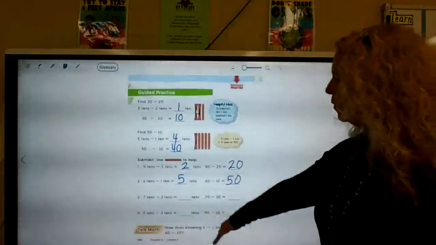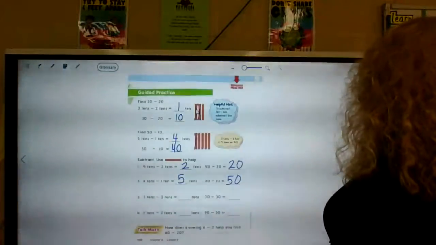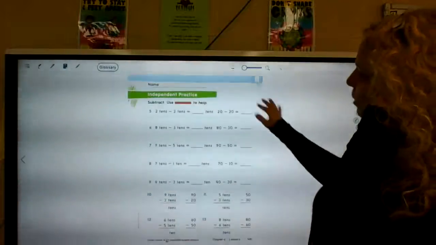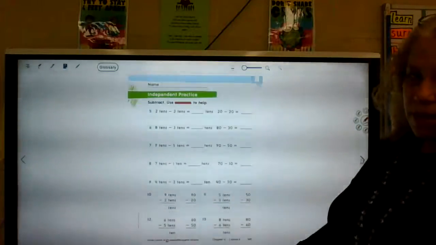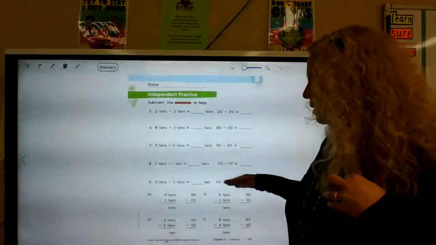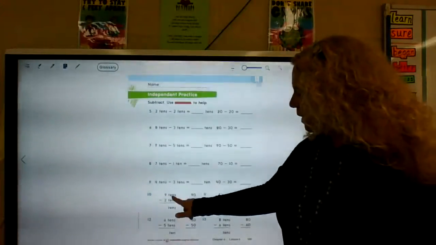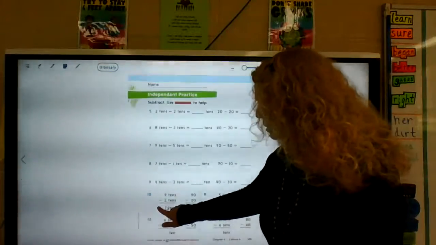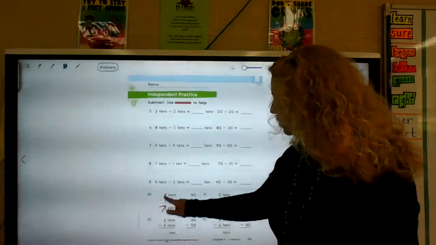Okay, you'll keep going on that page, but let's look, because you can finish now on your own. Let's look at what we're going to do. You're going to do this whole page, the same thing. These are just going vertical instead of horizontal. So when you do 9 tens minus 2 tens equals 7 tens. Your 7 goes under the 2.